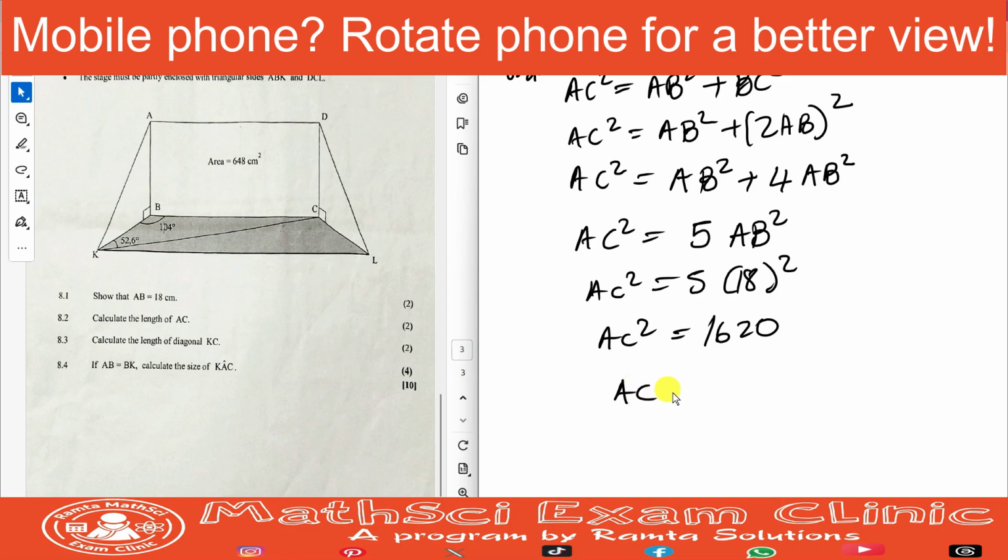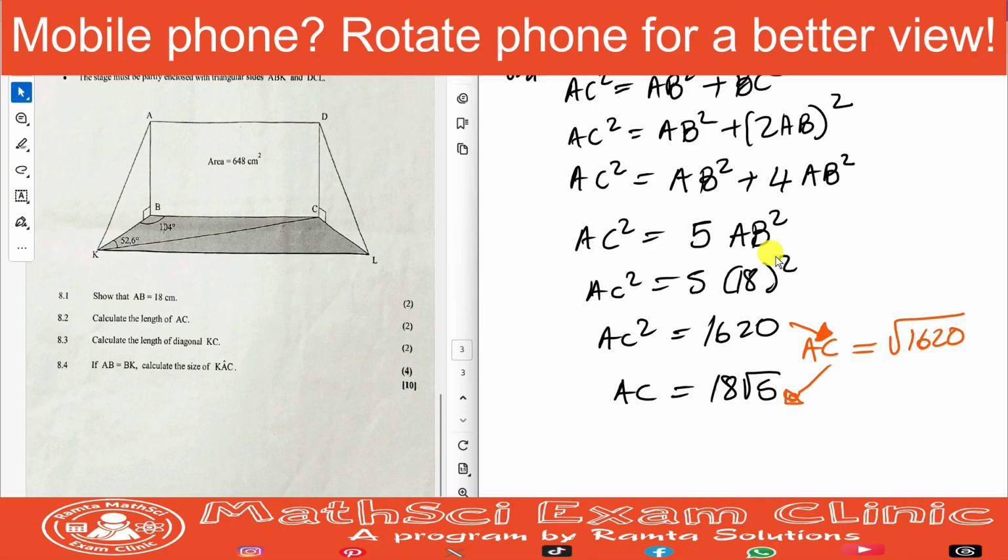Finally, the square root of this will be 18 root 5. I will repeat it again: AC equals the square root of 1620. Okay, perfect.